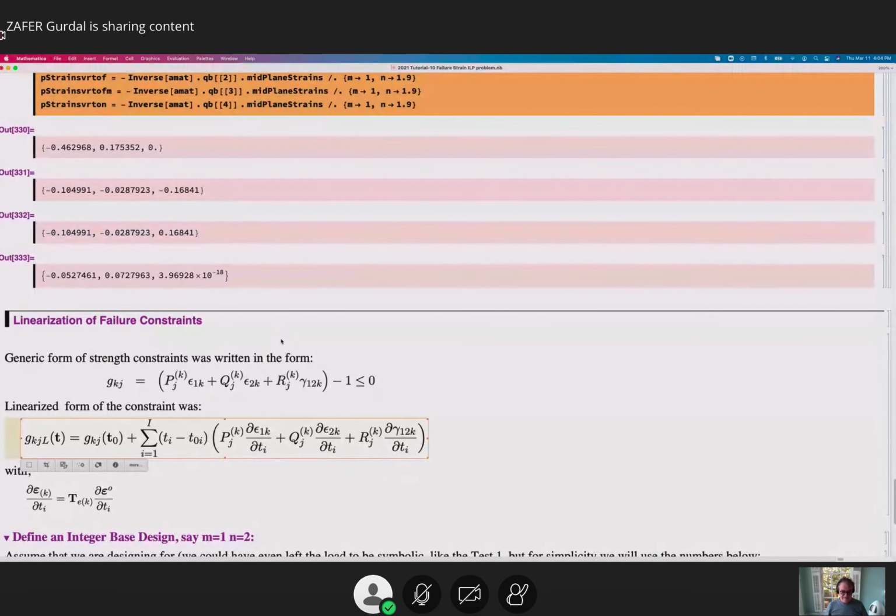And that will be the reason to do what we're doing right now, going to the linearization of the failure constraints and implementing it. My implementation of the failure constraints would be max strain criteria to make things simpler, by creating 5 constraints or 3 constraints for each ply using this expression.